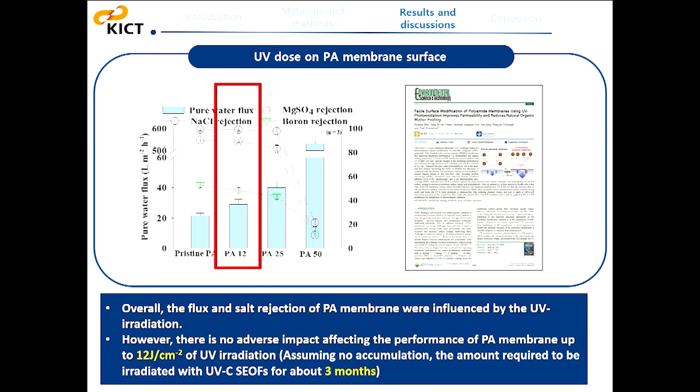While there is a potential for UV light to damage the polyamide reverse osmosis membrane, previous research revealed there is no adverse impact on the performance of the polyamide membrane up to 12 joules per square centimeter of UV radiation, which is the amount received by irradiating with the UVA side-emitting optical fiber for about 3 months, assuming no accumulation on the membrane surface.